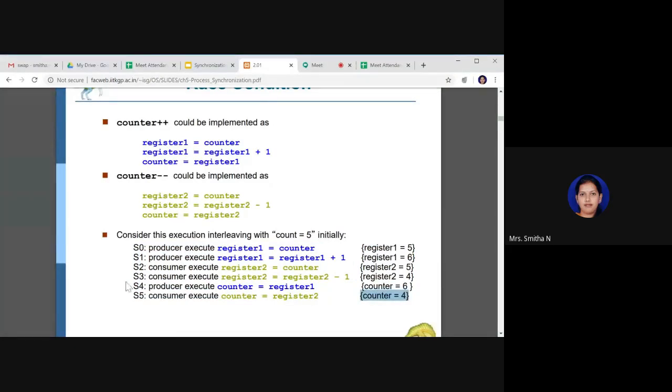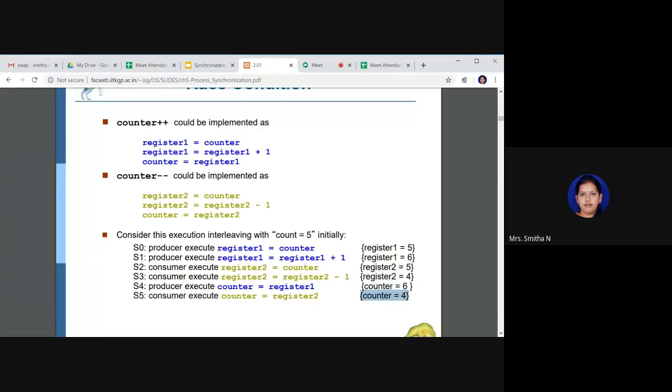But if I interchange these two steps, if I execute S5 first and S4 last, then also you will get counter value as 6. So if you interchange these two steps, counter equal to 6 will come at the last, so the counter value will be 6 at the last, but our answer should be 5.